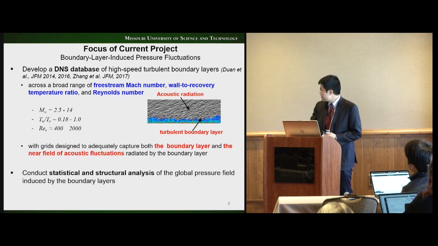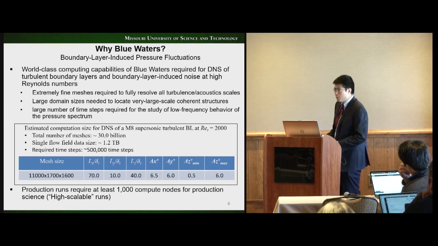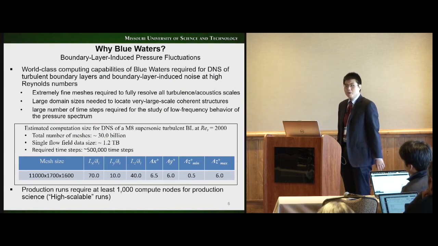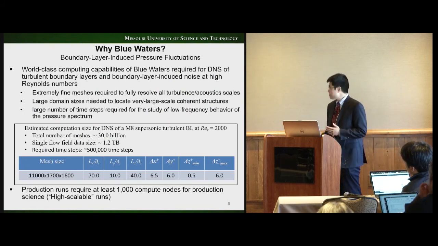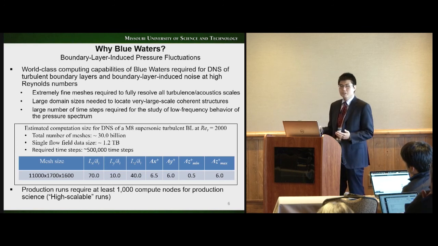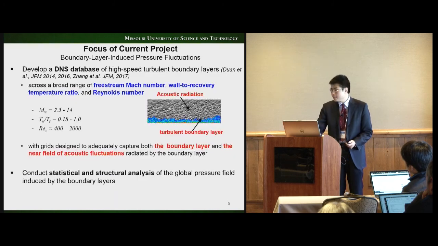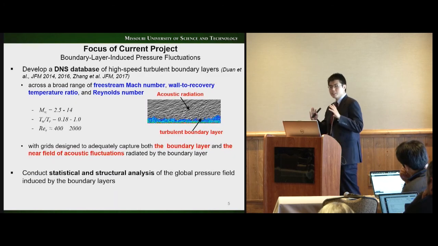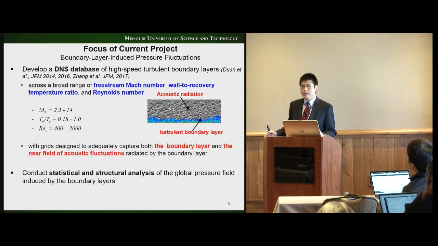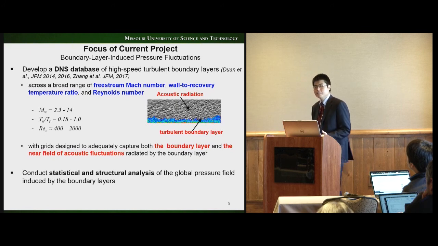Why do we want to make use of Blue Waters? Because getting both the turbulence field and the acoustic field is very expensive. For this type of simulation, we want our simulation box to be large enough to accommodate enough eddies, which can give us statistically converged results.